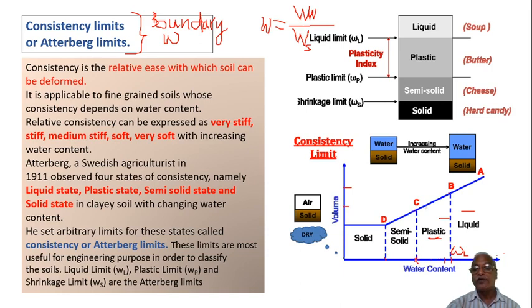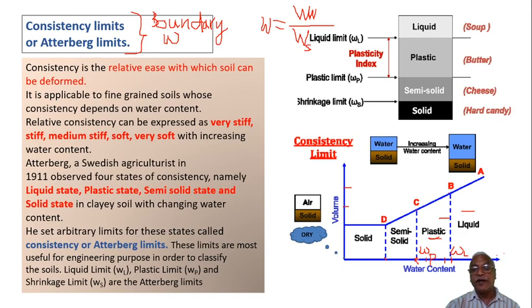This particular water content is a limiting water content wherein it acts as a plastic material. If you have a higher water content, it will be plastic, but if you reduce the water content less than this, it will not be behaving like a plastic. So this particular water content corresponding to this point is known as plastic limit, WP. Now it enters into semi-solid state.